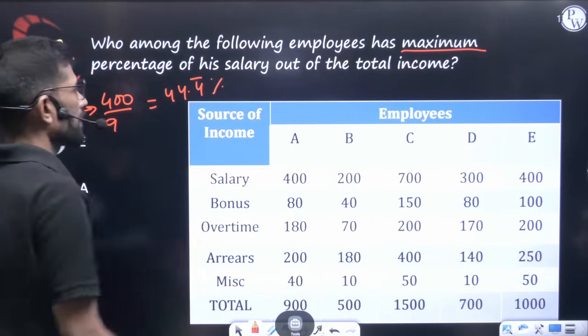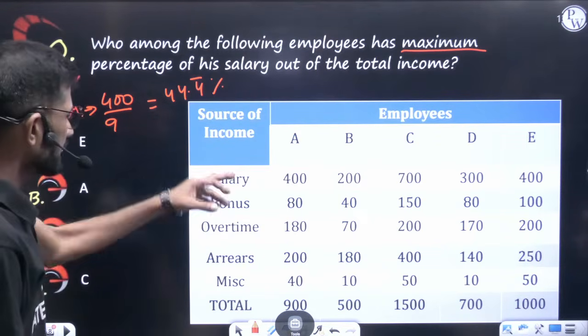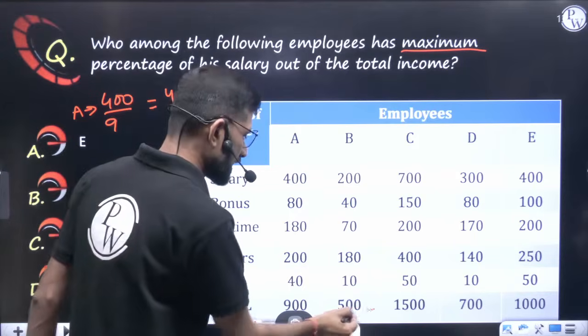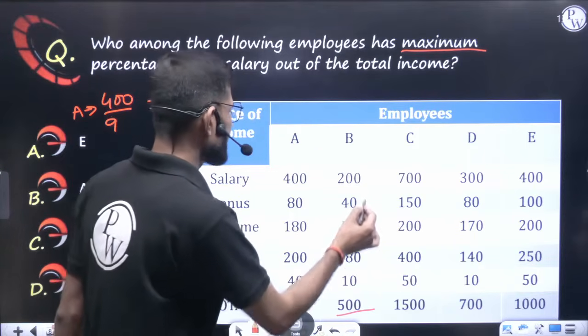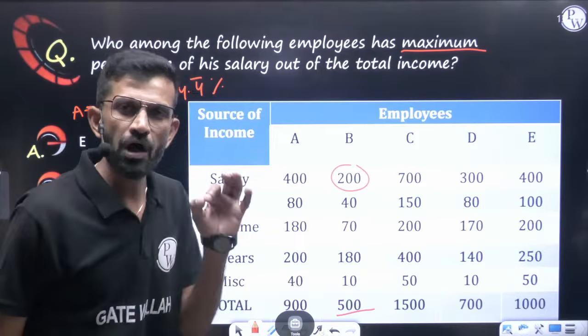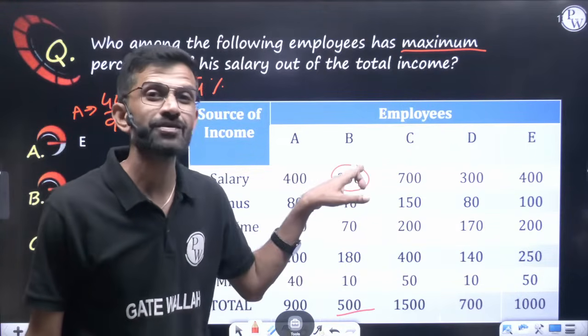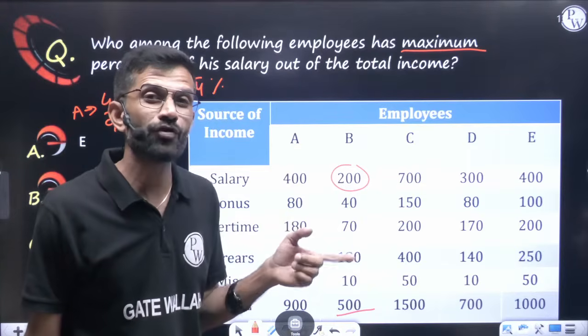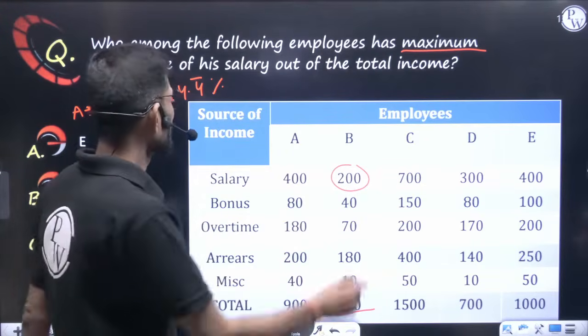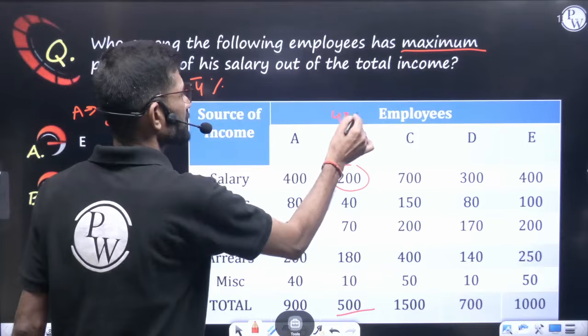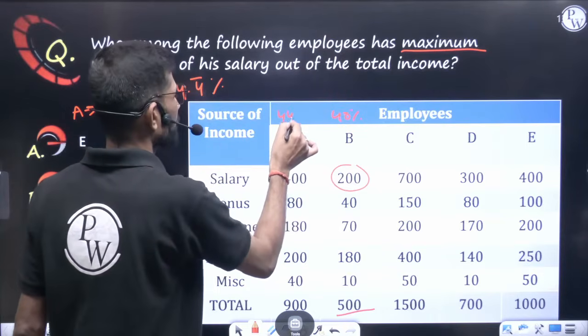So 44.4 bar percent. If we say employee B total income is 500 and his salary is 200. So out of 500, 200. Can we say out of 1000 it is 400? Out of 1000, 400 means out of 100, 40. So employee B, it is just 40%. Employee A, 44.4 bar percent.